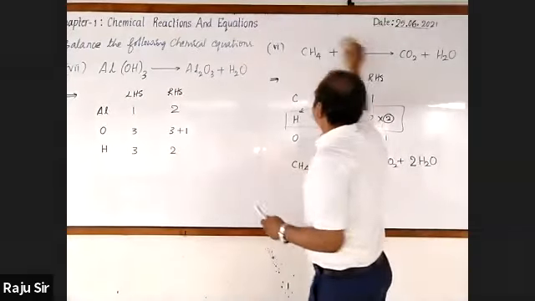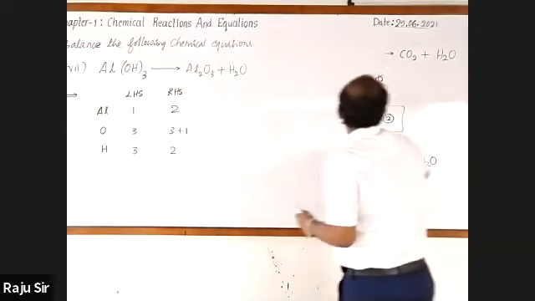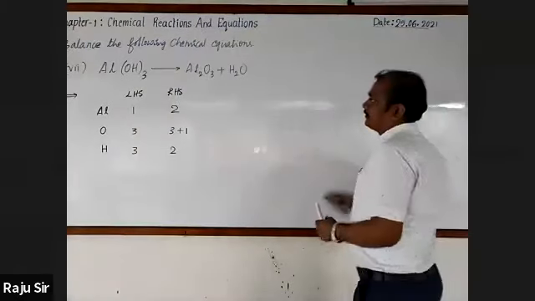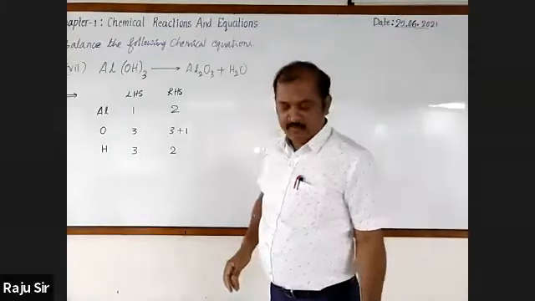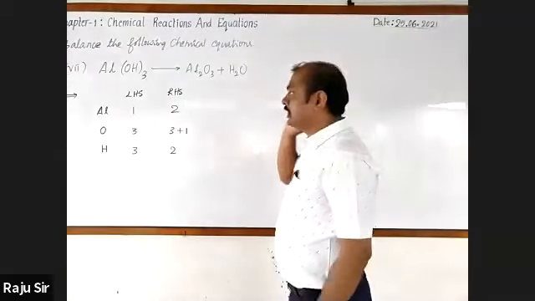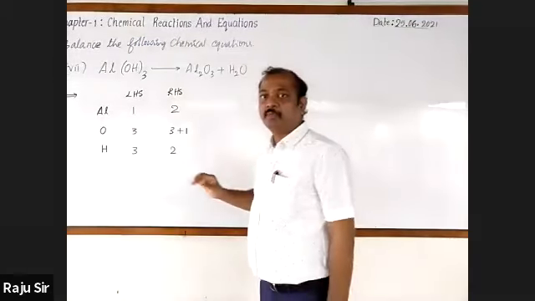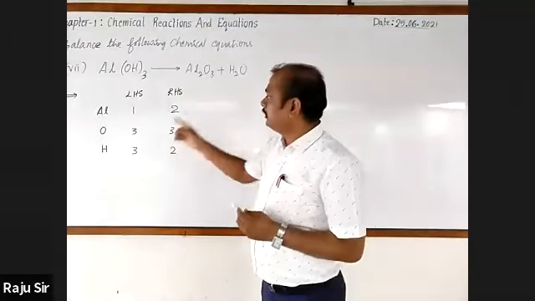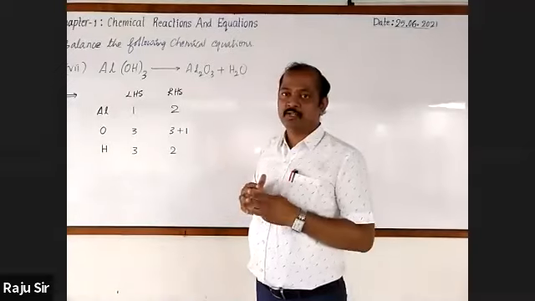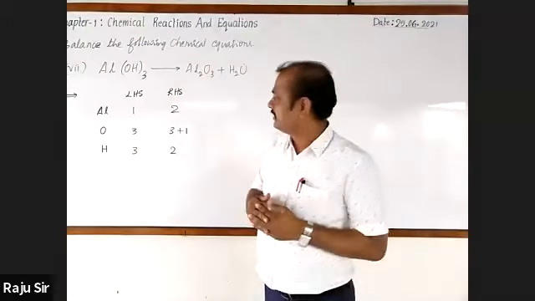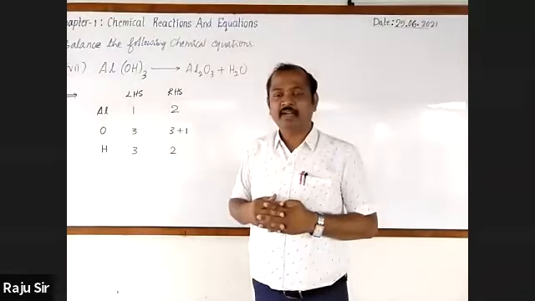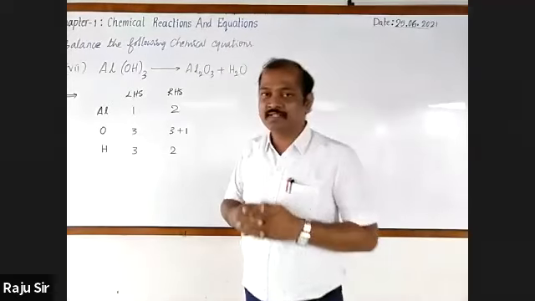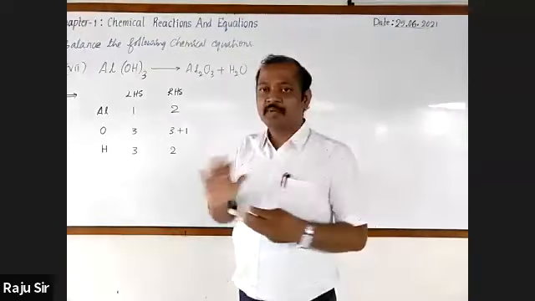Now it should be balanced: 2 Al(OH)3 gives Al2O3 plus 3H2O. Now, could you tell which element has to be considered? Oxygen, or hydrogen?